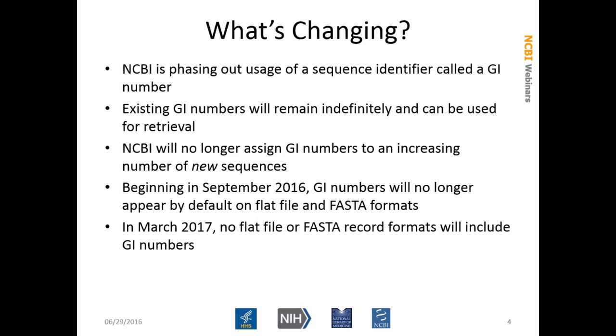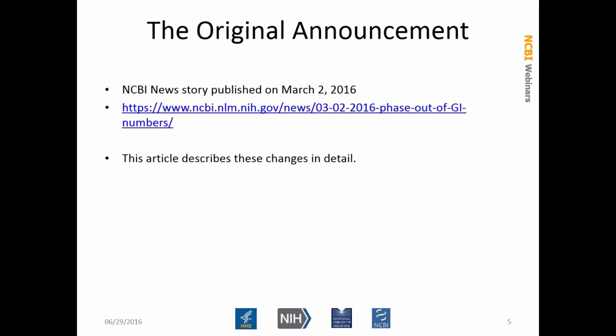So beginning in September 2016, they will not be shown by default, but you will still be able to get these records with GI numbers in them, and we'll have more about that as we go along. But coming in March 2017, you won't be able to see the GI numbers at all. So you have about 7 months of leeway to prepare yourself for the fact that you will no longer be able to get the GI numbers out of flat files or FASTA.